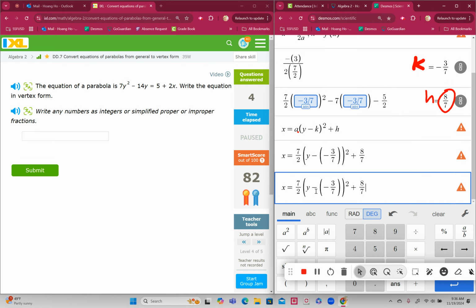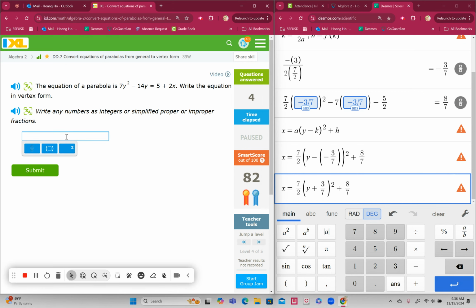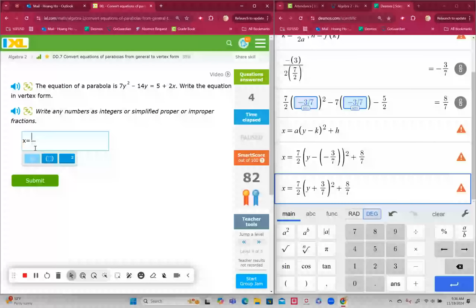Now I should clean it up. I should make the negative 3 over 7 become positive, and then I'm done. This is my answer. So I put in my answer box right now: x equals 7 over 2, I can do the fraction, parenthesis y plus 3 over 7.